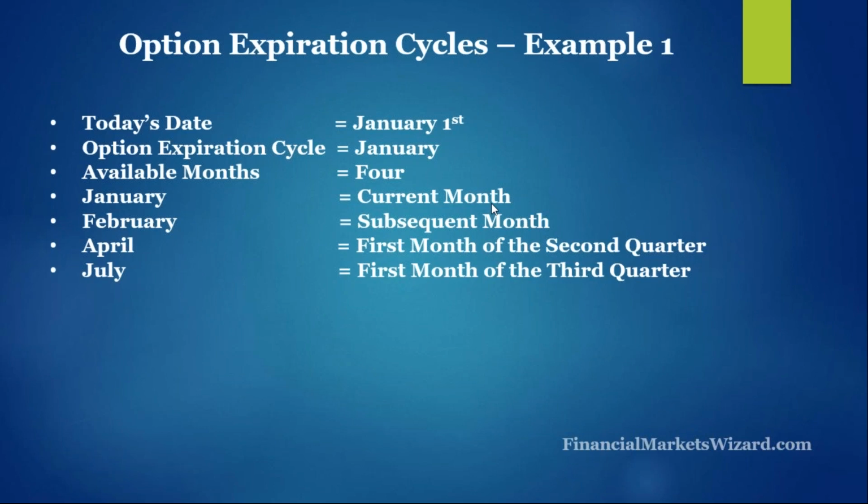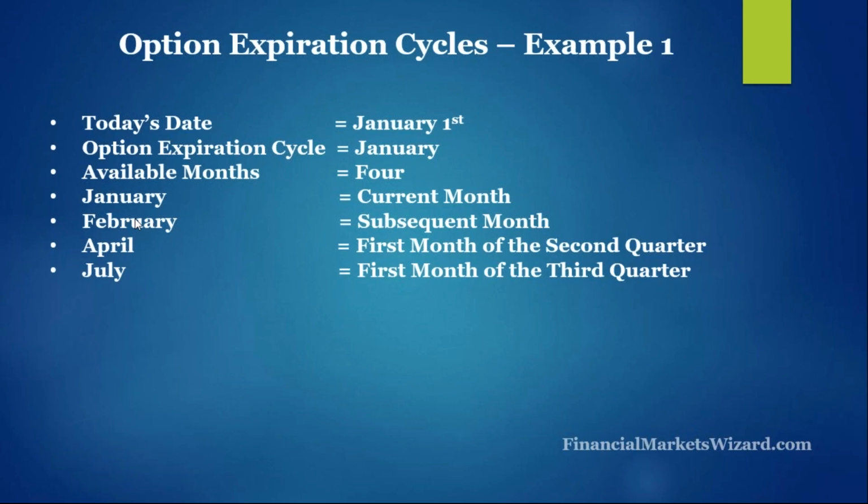If today is January, and we know that each option has 4 months, and that there are 2 modified months, then these are the 4 months which will be assigned. Because it's January, we will see January as the current month, right? We know the subsequent month is assigned because of the modified cycle. February will be assigned also.